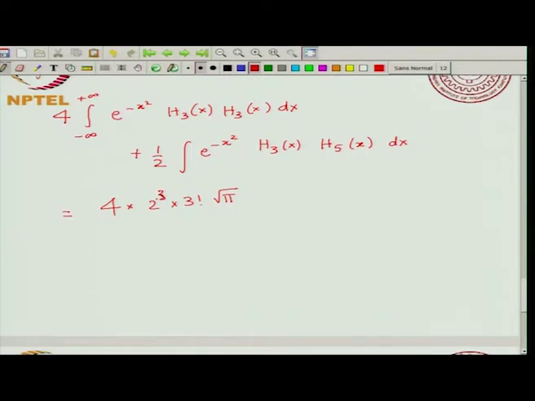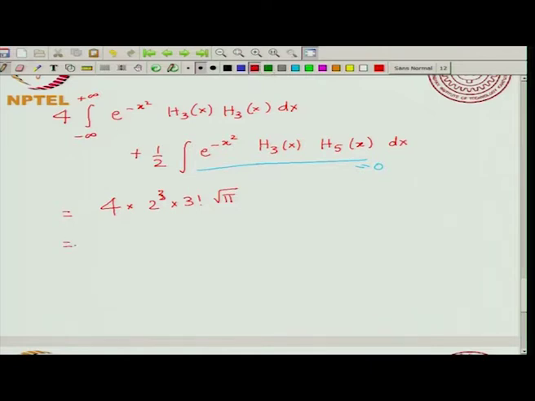In the second case, n is not equal to m, so this is 0. The whole second term is just 0. So all you get is this, and this is your answer.